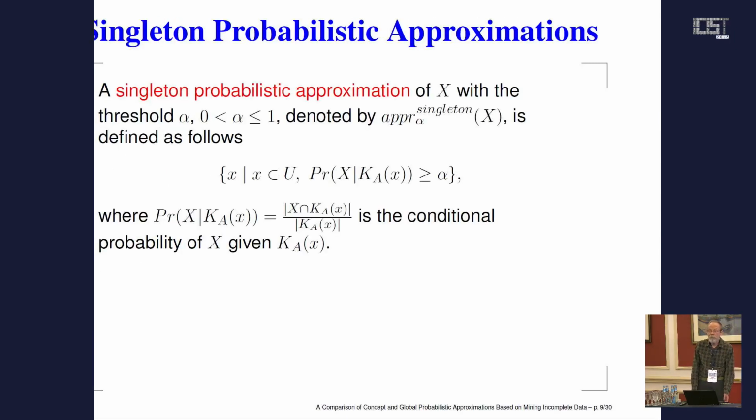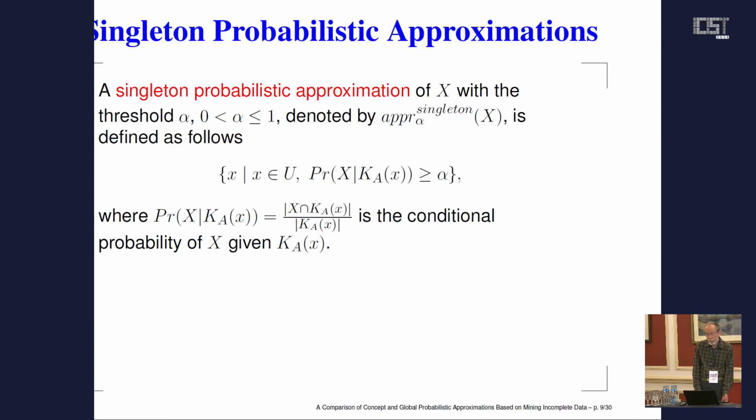We will use two basic approaches to probabilistic approximations. The first is a singleton probabilistic approximation. This is the set of all cases such that the conditional probability of the concept given the characteristic set is at least equal to alpha.